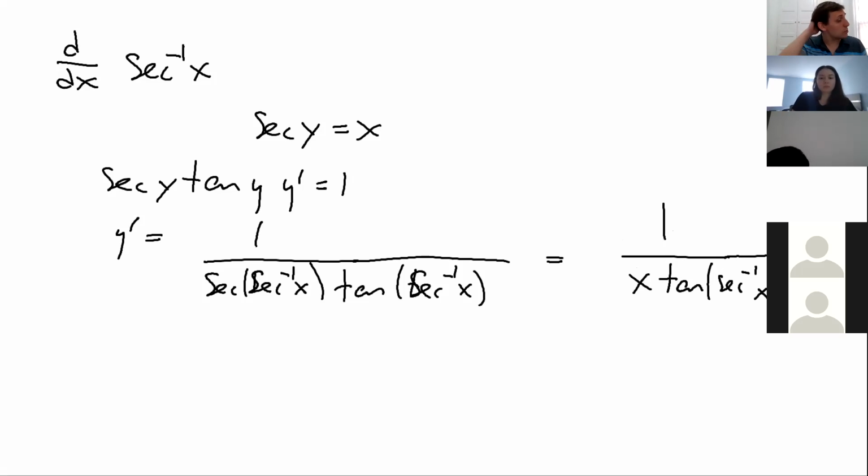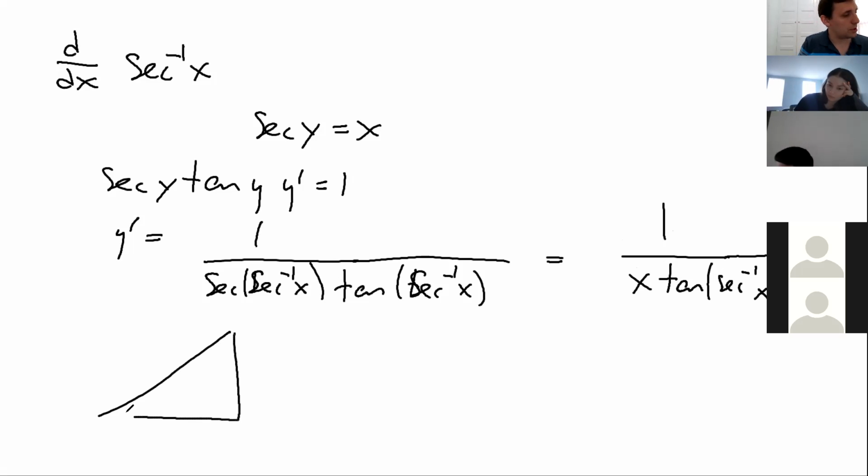So what's the situation? The situation is as follows. You draw the triangle. Here is secant inverse x. Please tell me where I place what. What sides do I label? There are two sides I can label, and the third side I calculate by Pythagoras theorem.